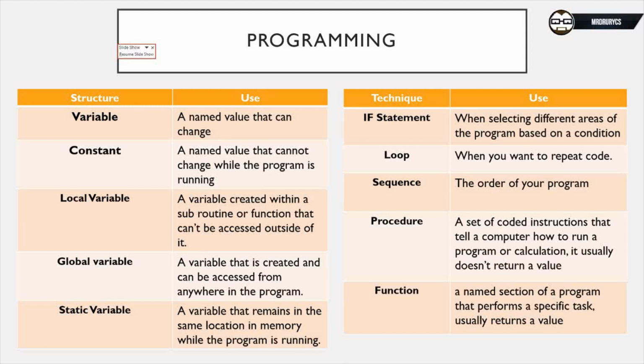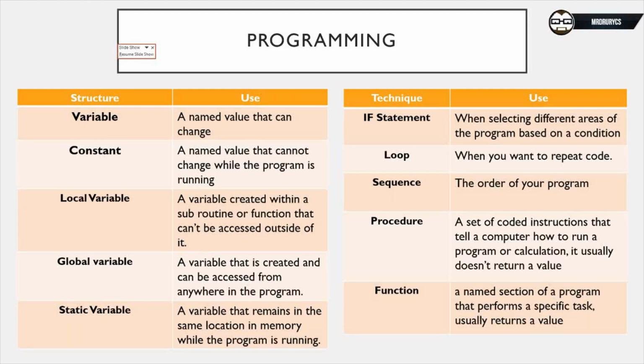We can't change the laws of maths by changing pi. So we'd make that a constant, which means you can't do pi equals pi plus 1 and change it to 4.14. So a constant is a named value that cannot change while the program is running. There's nothing stopping you going back to the source code and changing it, but it means whilst it's running.